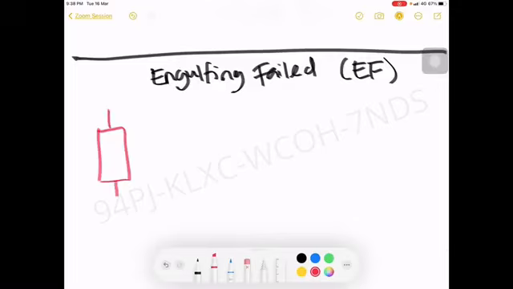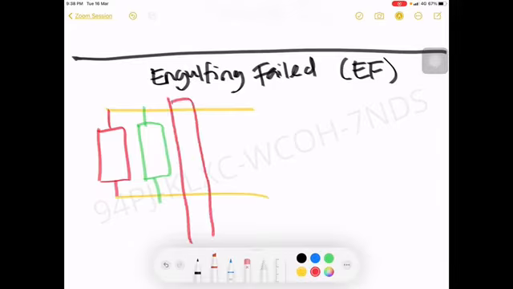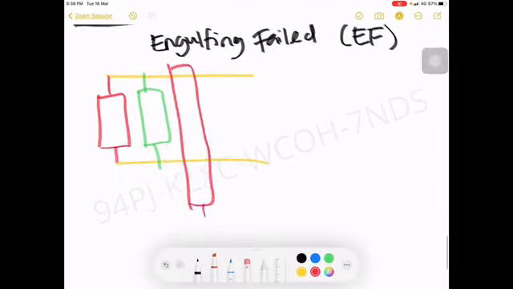Okay, but what happened is that when the price comes back to that zone, that's what happened. Okay, so this is engulfing fail.